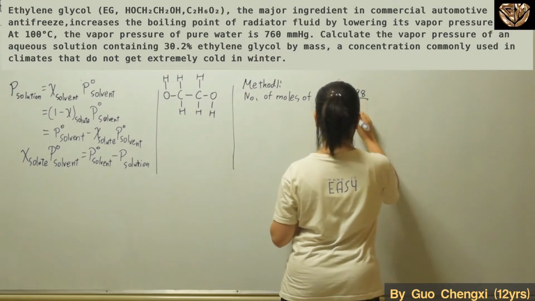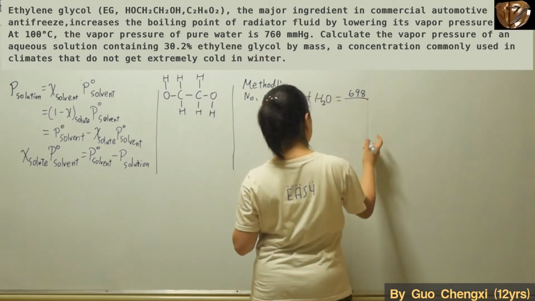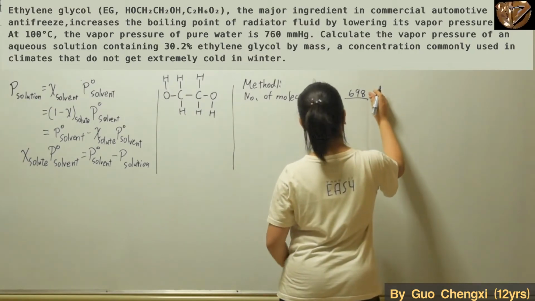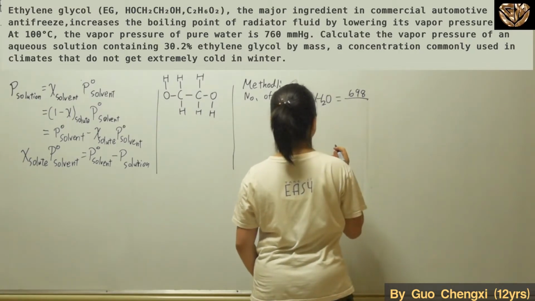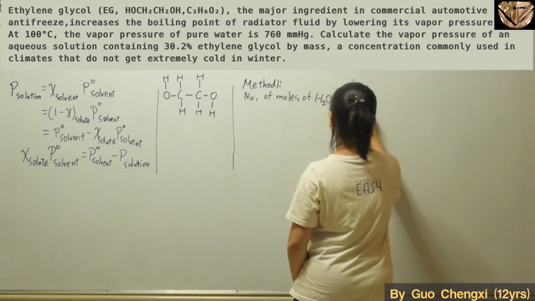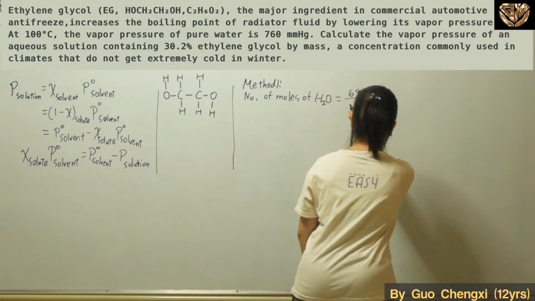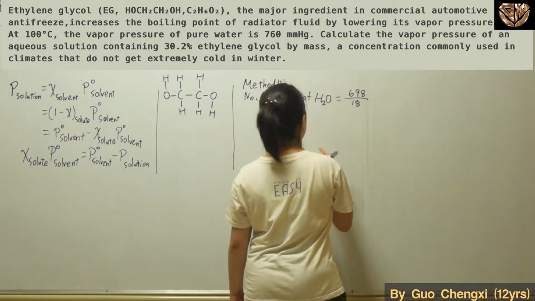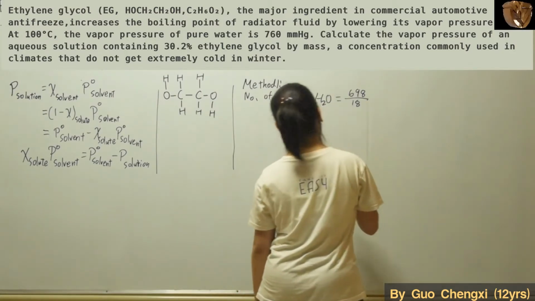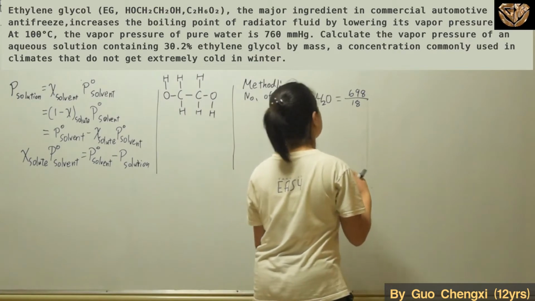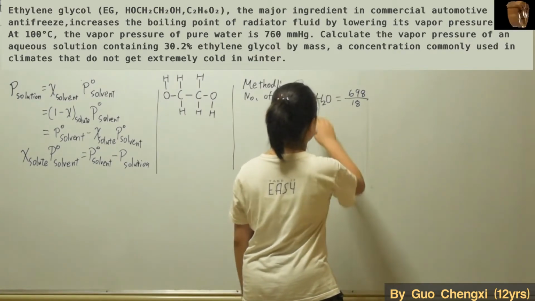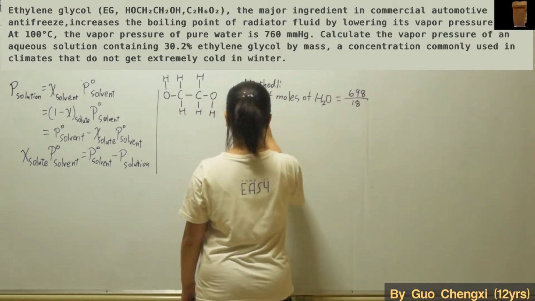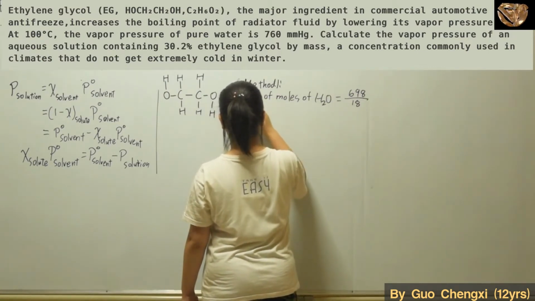If the total is 1000, that means we'll have 698 over the molar mass, which is 18. The H molar mass is 1 and the oxygen molar mass is 16, so you put them together to get 18, because there are 2 H. Then after that, now you have chi.